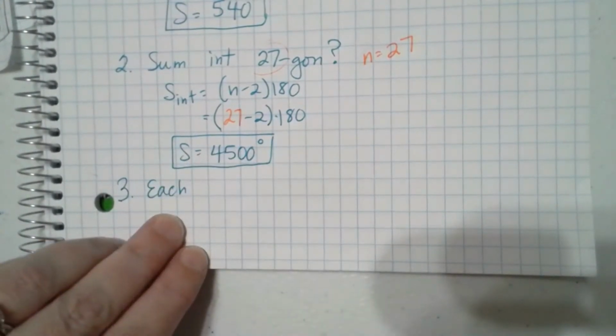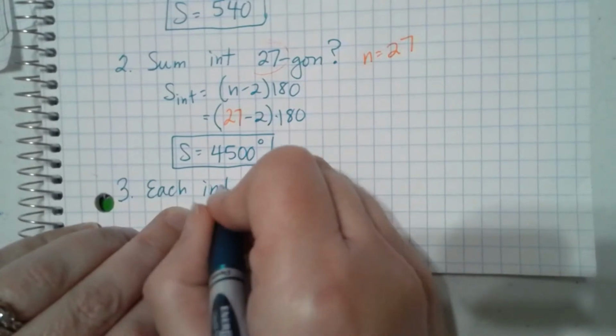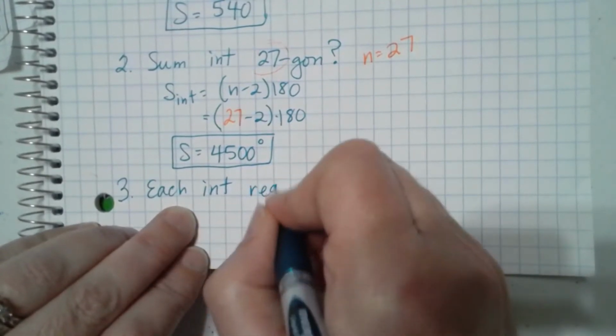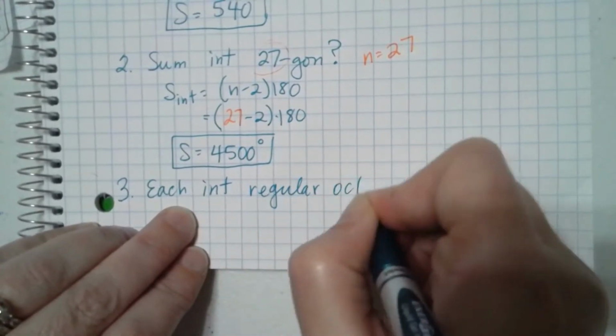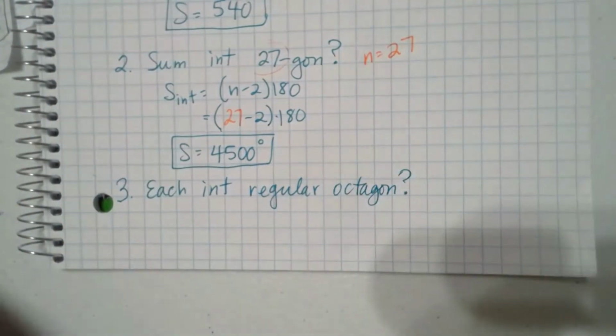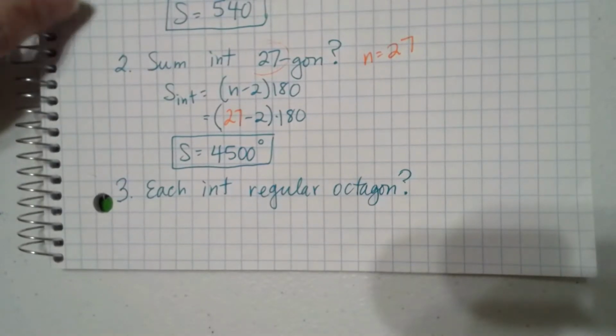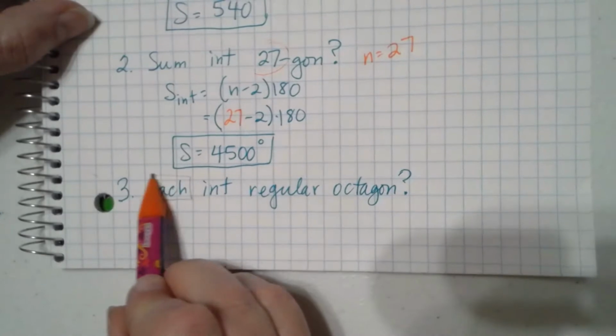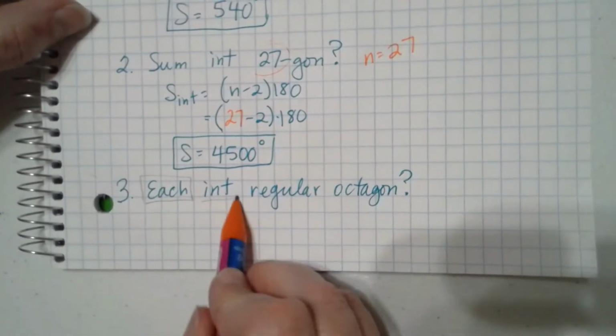What is the measure of each interior angle of a regular octagon? Each interior angle of a regular octagon. Okay, so again, this word is important: each, and then interior.